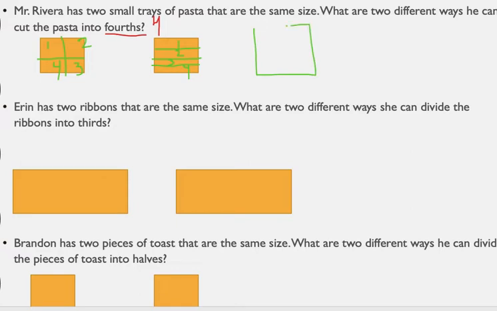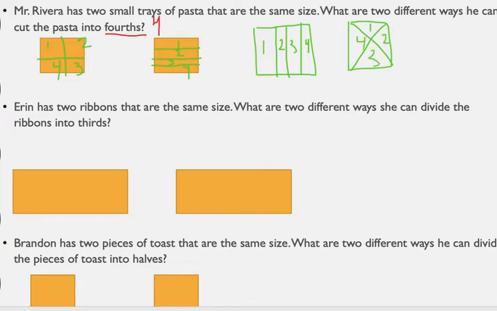I could have also done all up and down like this to get my 4 equal parts. Or I could have also done diagonals as well to get my 4 equal parts.